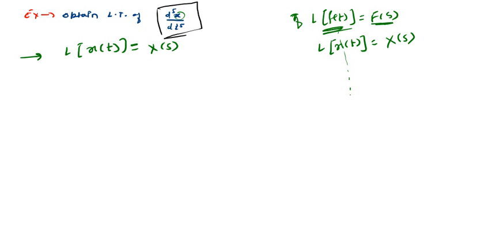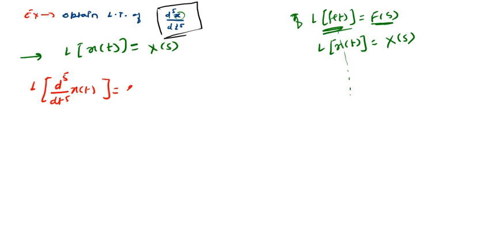Okay, so we can find the fifth derivative of x of t, and it will be given like L of the fifth derivative, d5 by dt to the power 5 of x of t. And what will be the RHS?